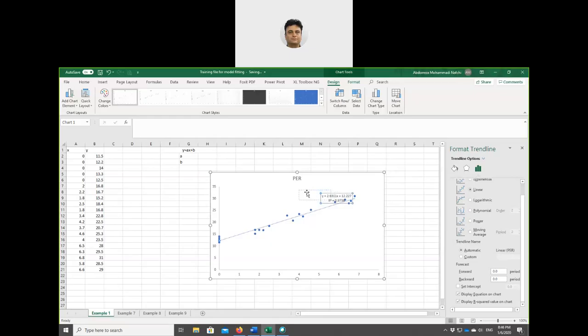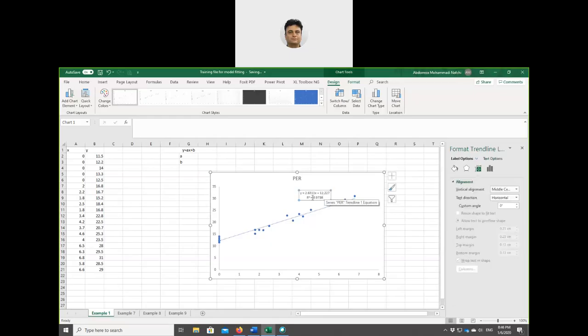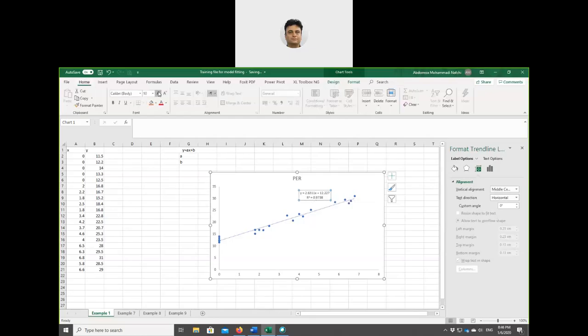Okay, so here we have the equation. I should make it bigger. You can see y is equal to 2.63 x.